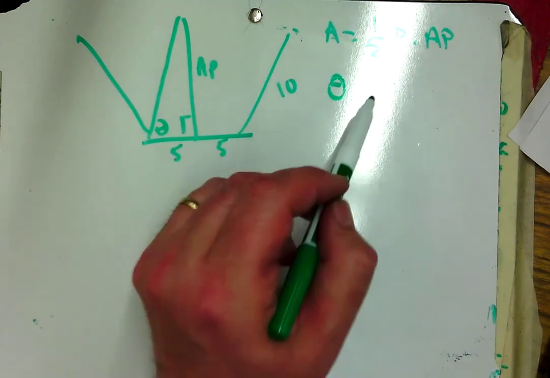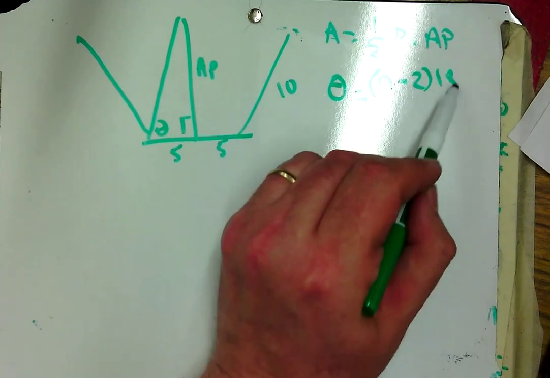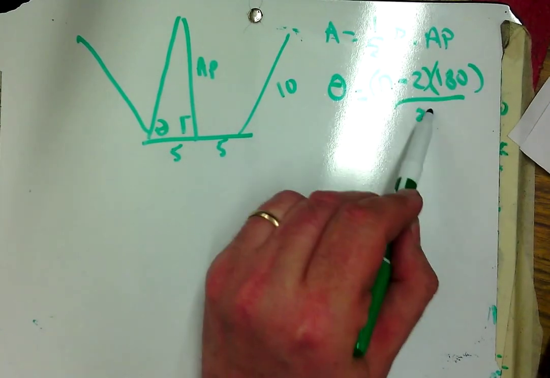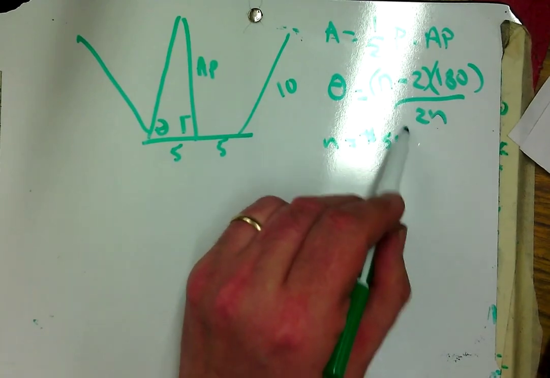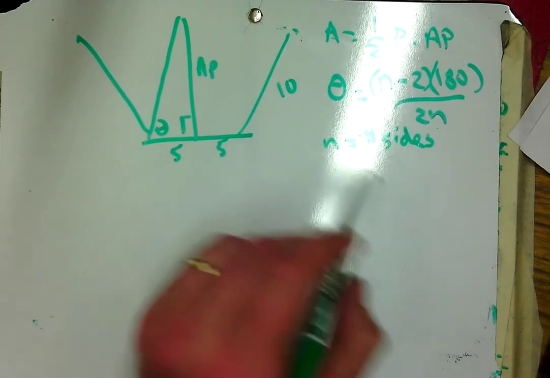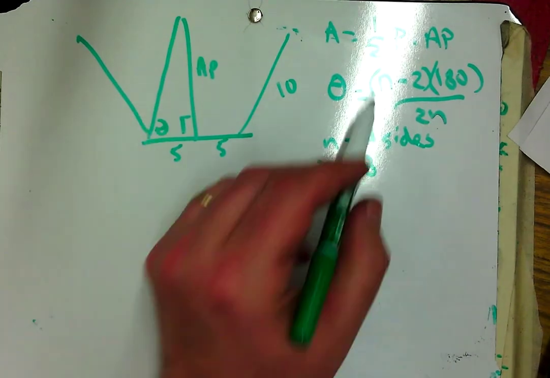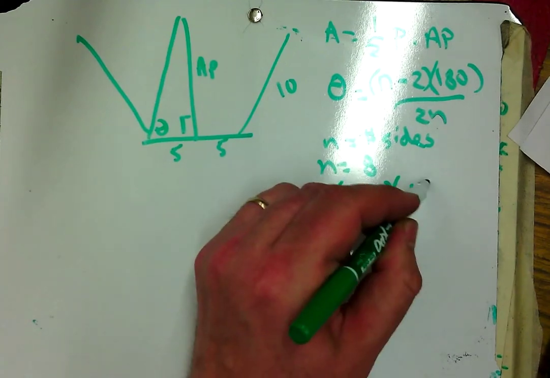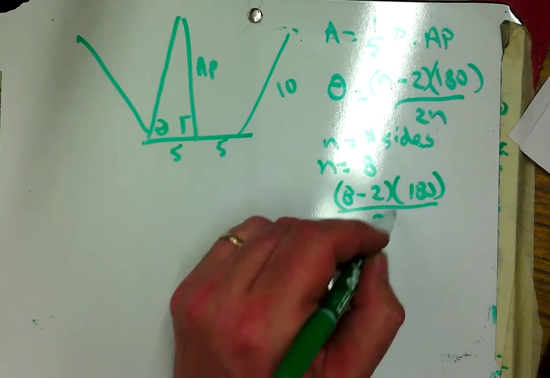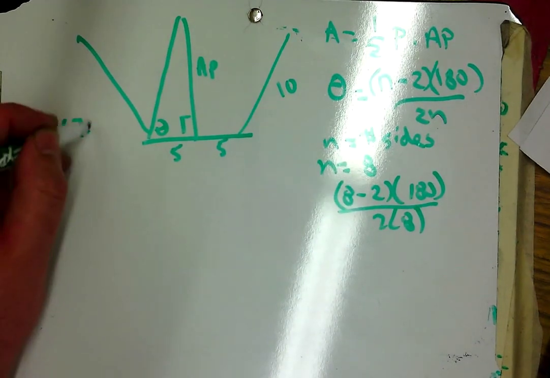We had a formula for that. Theta was n minus 2 times 180 over 2n, where n is the number of sides. And since we're talking about an octagon, n equals 8. So when I finish using this formula, 8 minus 2 times 180 over 2 times 8, I end up with theta equals 67.5 degrees.